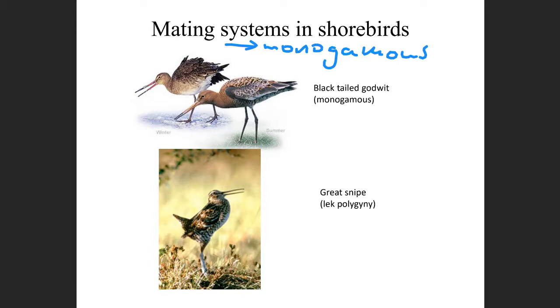You can have polygyny, where one male will mate with multiple females and some won't mate at all. You can have polyandry, and there are examples of polyandry in shorebirds on the next slide, where a single female will mate with more than one male.